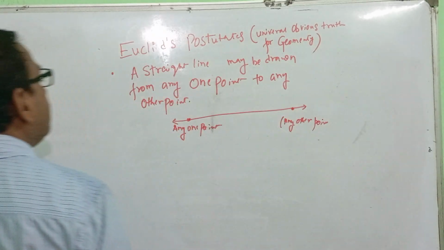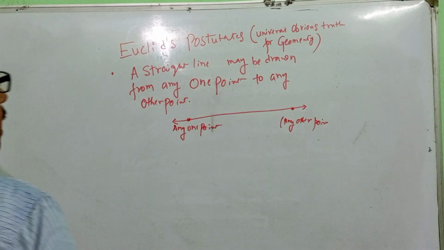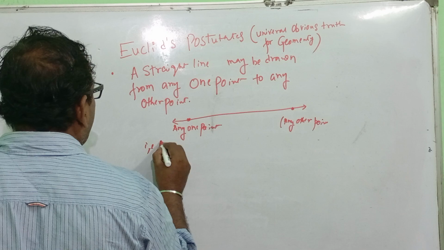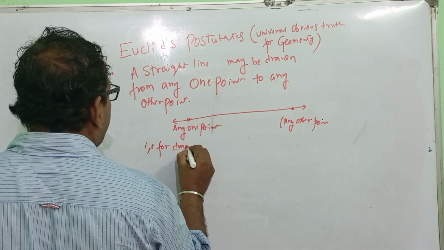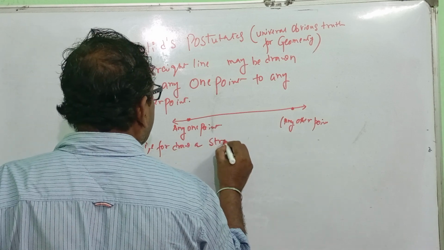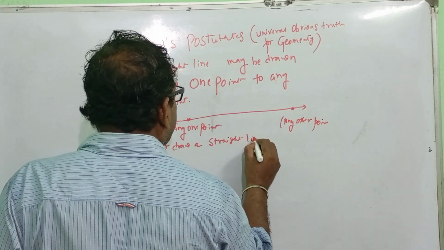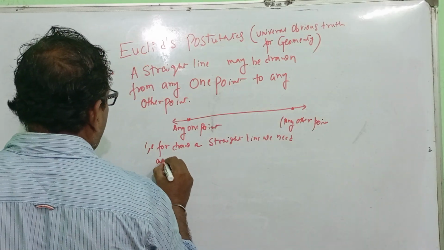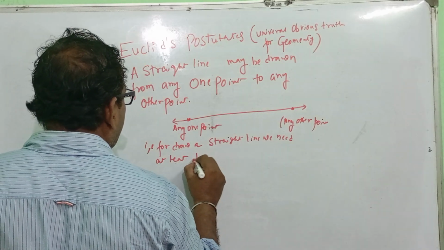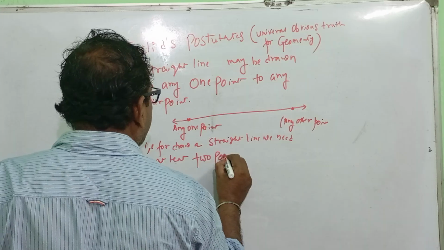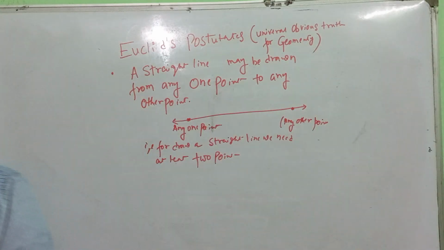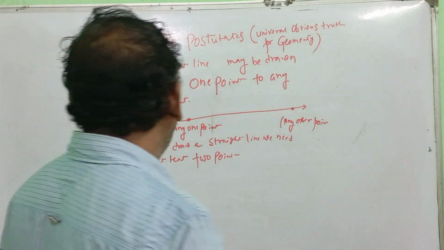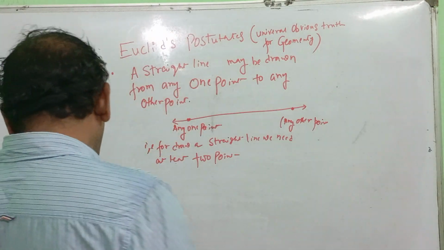Now for drawing a straight line, we need at least 2 points. A straight line may be drawn from any one point to any other point.